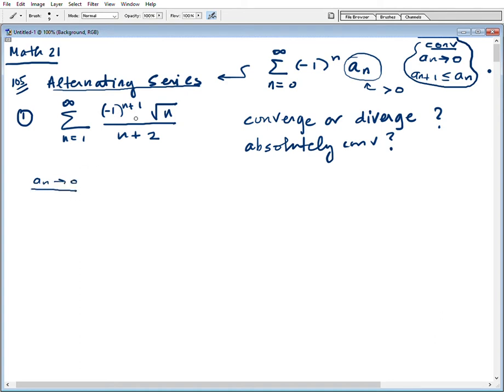So look at the term without the sign, in absolute value. So we're looking at square root n over n plus 2. And we can just divide top and bottom by n. n is the largest power. All right, so that's usually what we do here. So let's just divide everything, numerator and denominator, by n. Okay, so here we get the numerator is 1 over square root n. Just multiply top and bottom by square root n, and that's what we get, 1 over square root n.